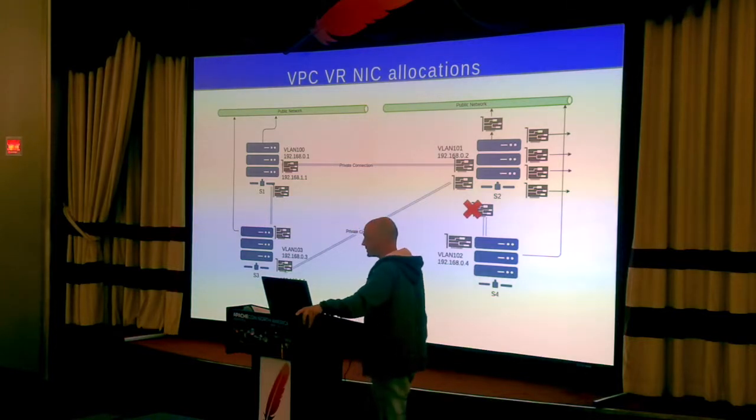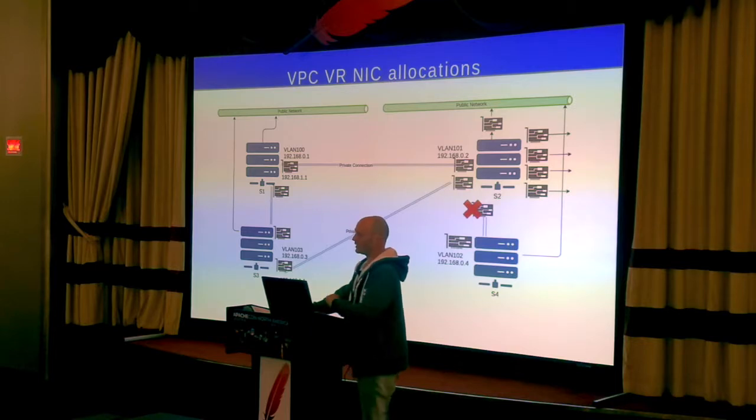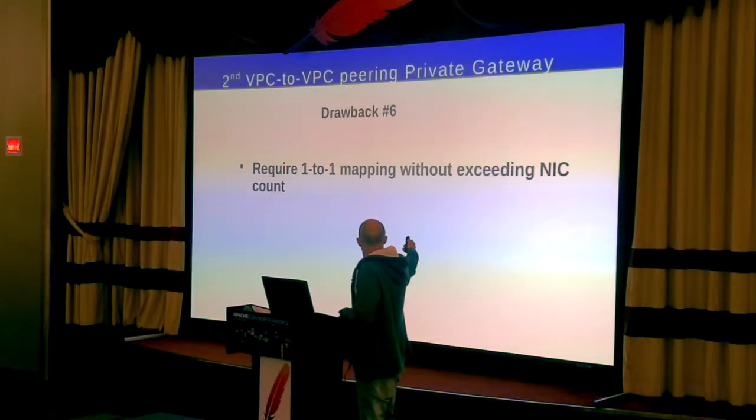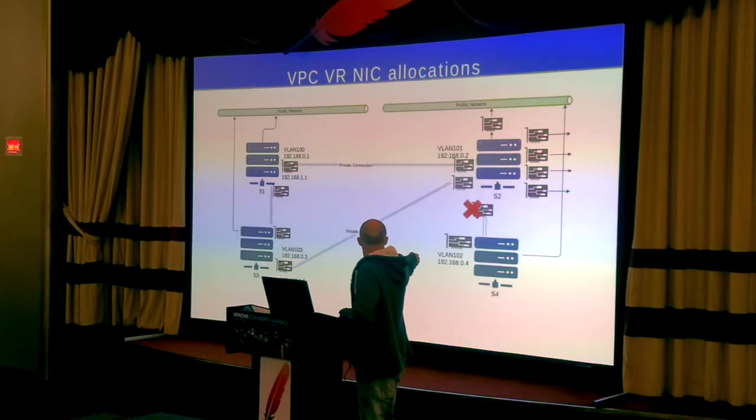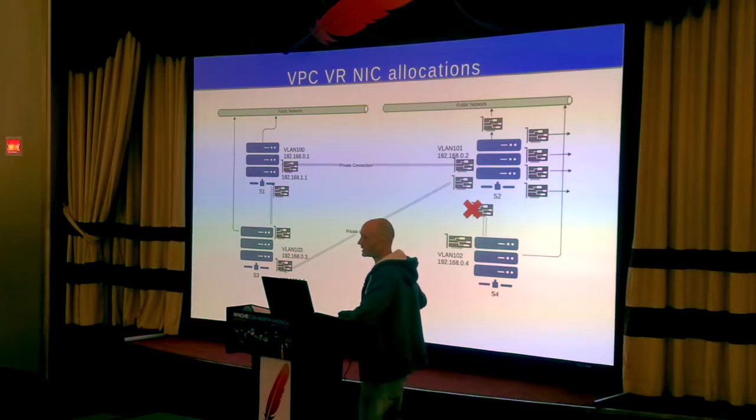The virtual router could already have many NICs allocated, as shown top right over there. On S2, you can have a public NIC, a control NIC, and then for each tier that you create, it creates a NIC.